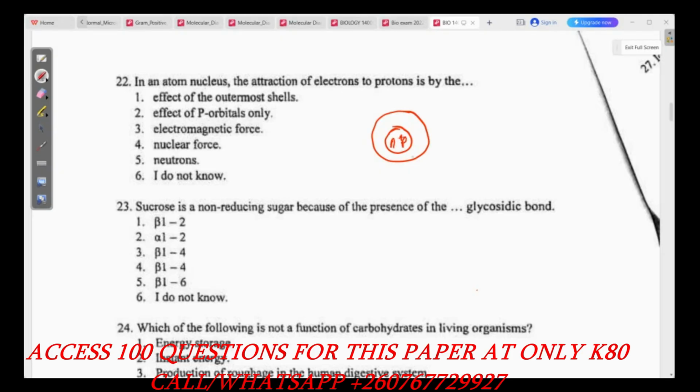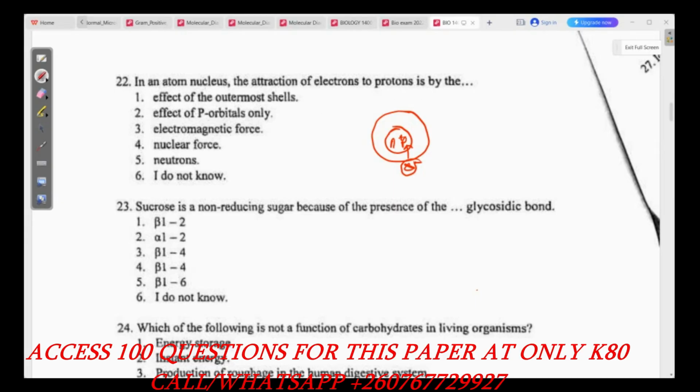Protons are positively charged. Then in the shells is where you have electrons, which are negatively charged. So electrons are always attracted to the protons because these two have different charges.